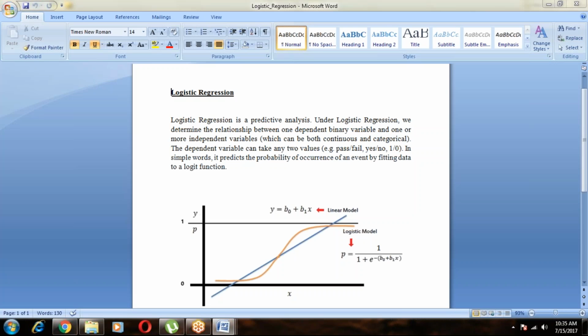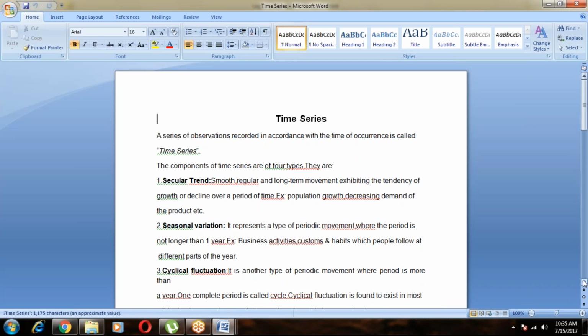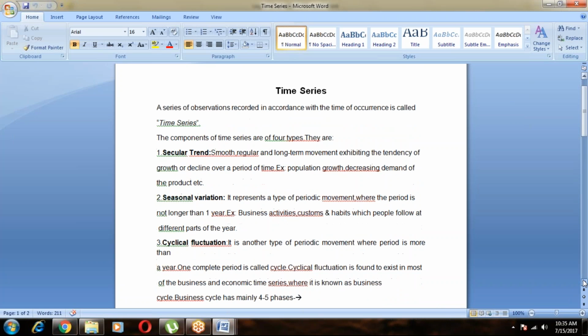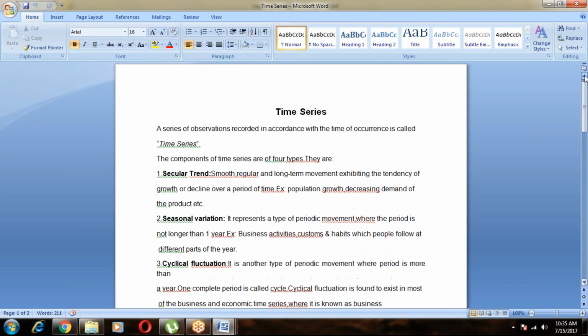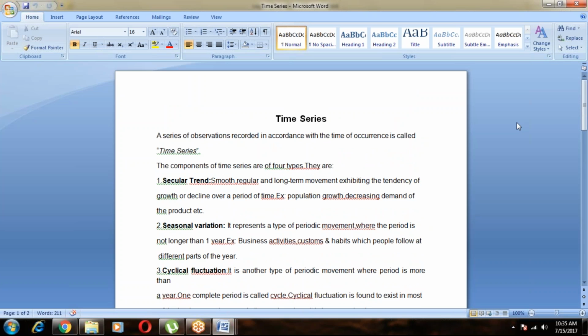And the last one is about time series. What is a time series? Time series data is when the value of a particular variable changes over a period of time. Now what are the components of time series? There are four main components.